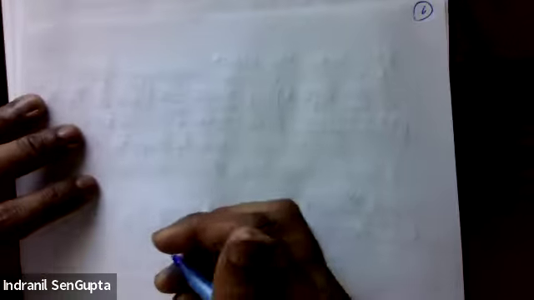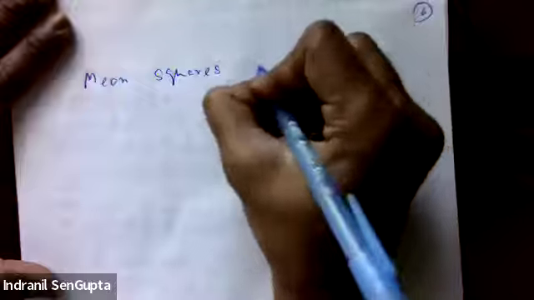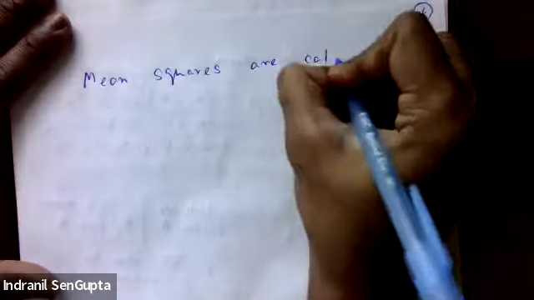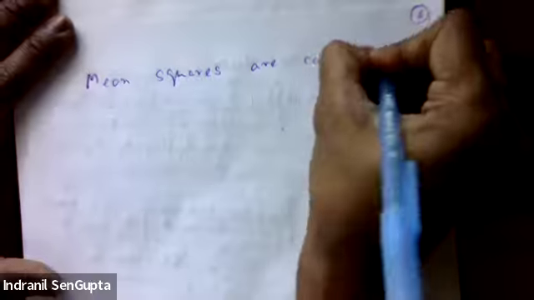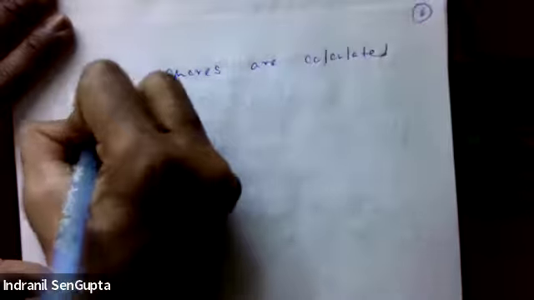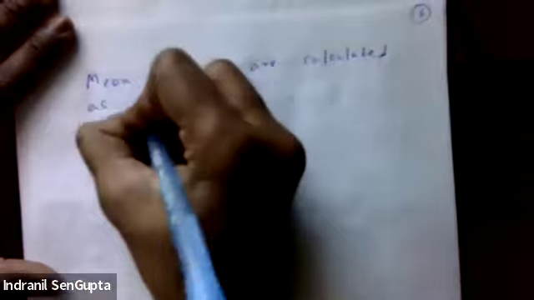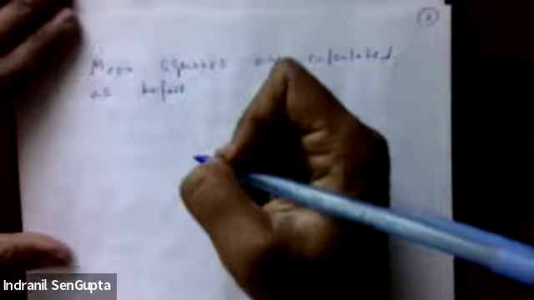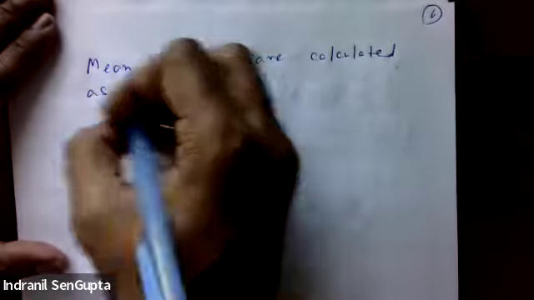So mean square between classes of the A and B. Mean squares are calculated as before, by dividing the sum of squares by the corresponding degrees of freedom.